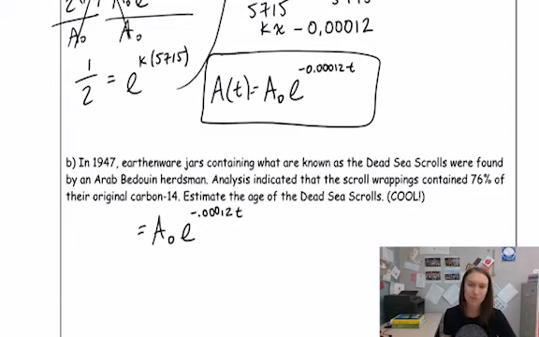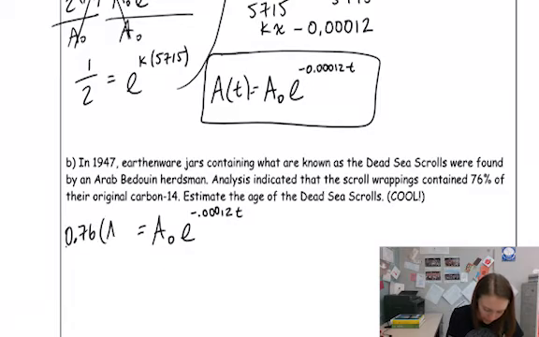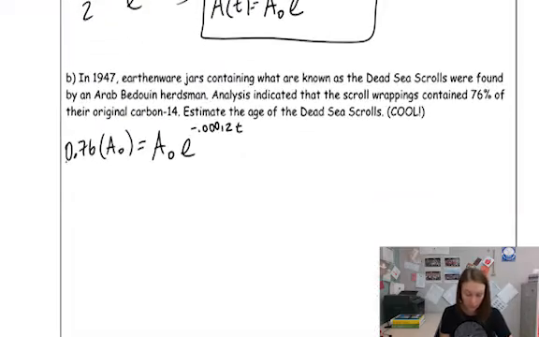So remember, 76% of a number is that number times 0.76. So notice I'm not using the half-life information anymore. I'm not using the 5,715 years because I'm not looking for half. I'm looking for how many years it's been if I end up with 76%, not 50%.